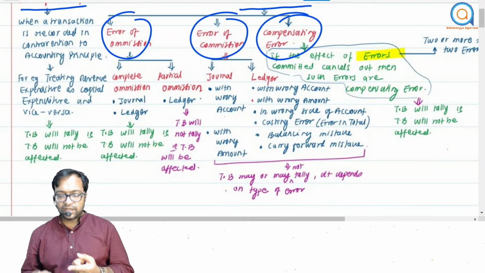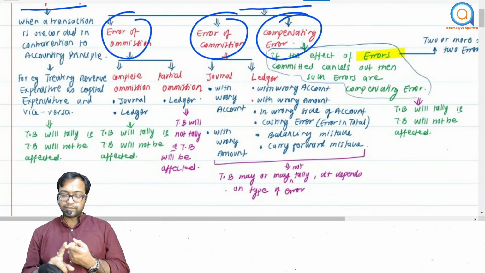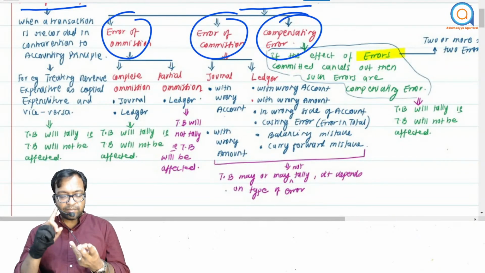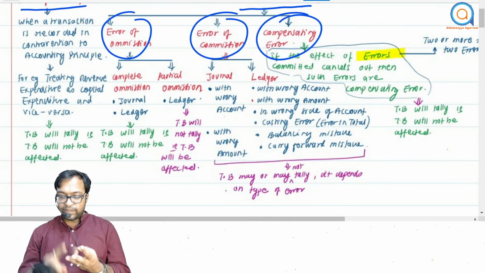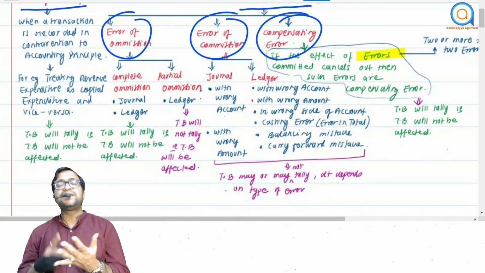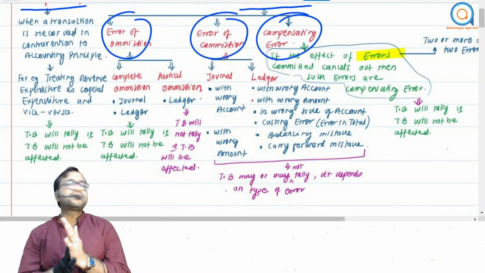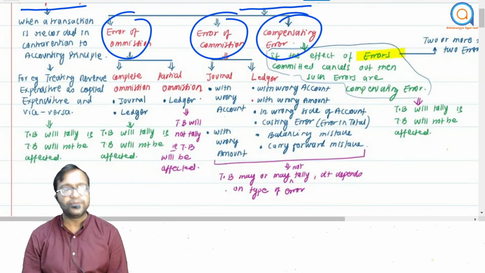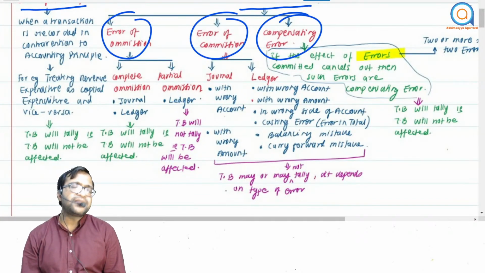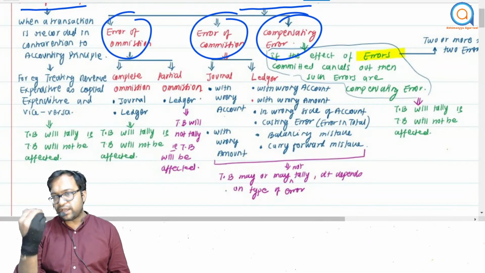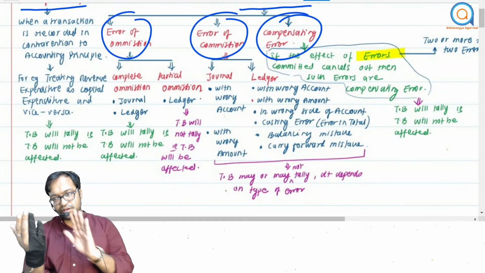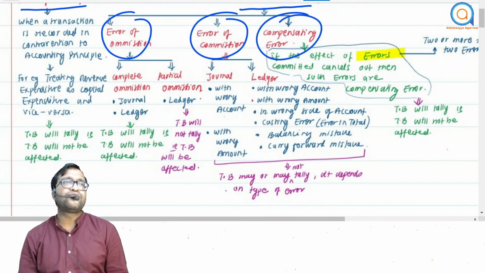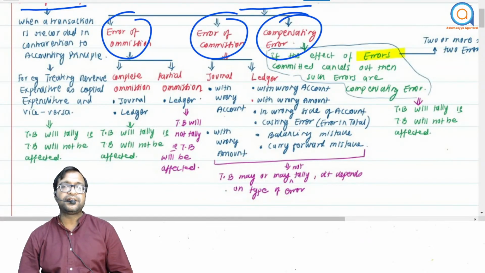For example, you are using the wrong account, or you are using the wrong amount, or there is a mistake in totaling, mistake in balancing, mistake in carry forward. So this type of mistakes or errors are actually errors of commission. And what is compensating error? One error nullifies the effect of another error, that is error of compensation, compensating error.